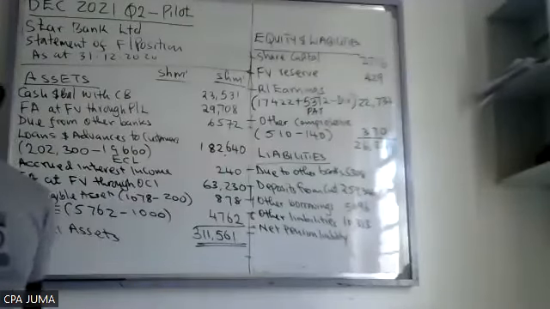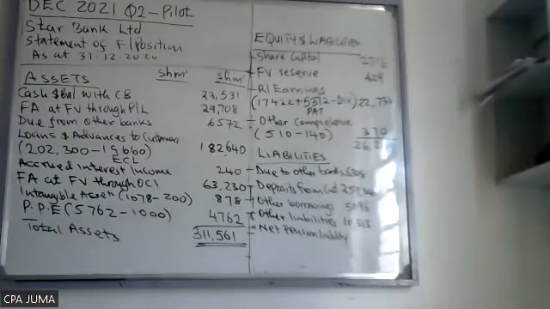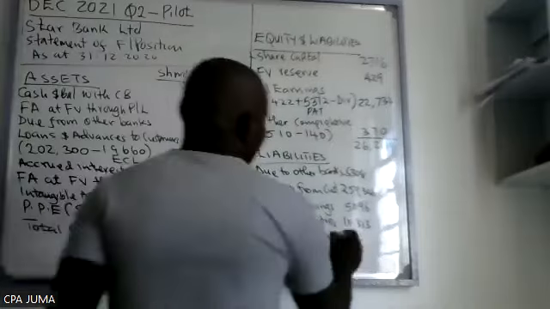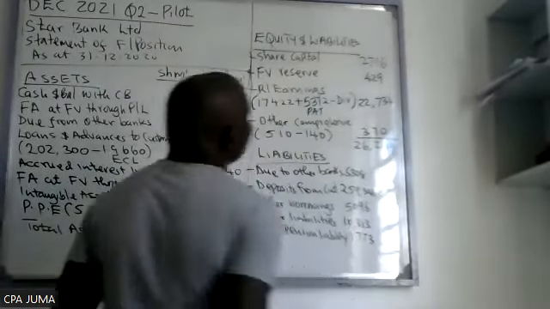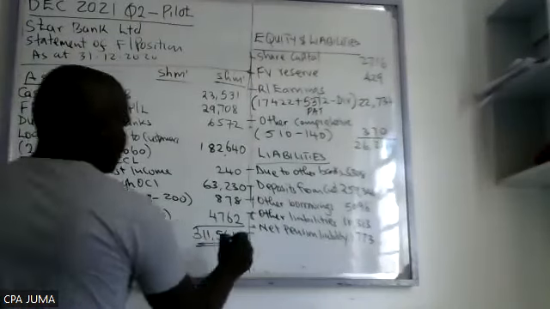Check working, I don't know which working, 3.2, hapo chini ya working 3.2. There is a figure we got. We got 1773, I'm told. Then deferred tax.